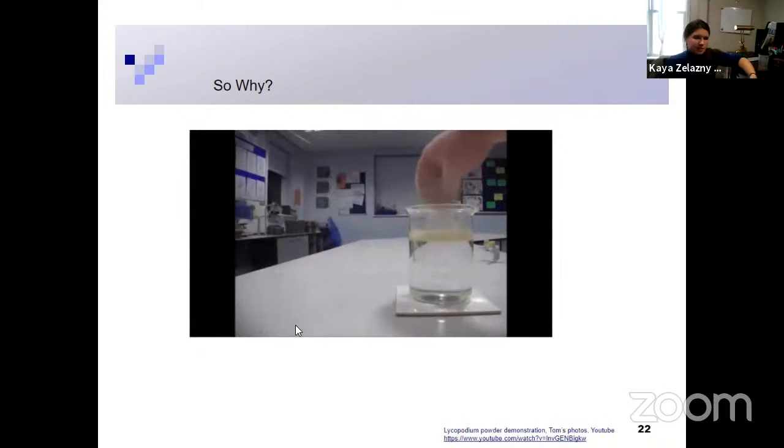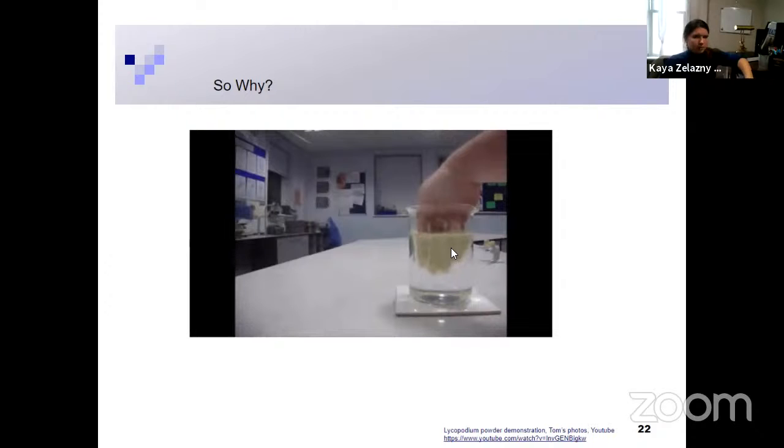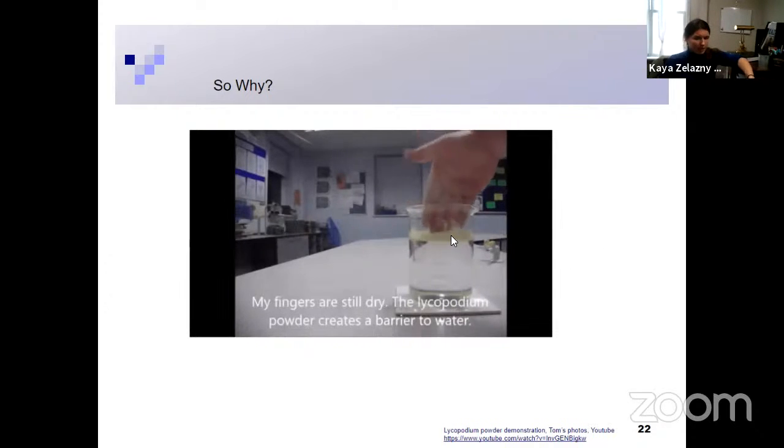This is specifically lycopodium powder. I think it comes from like the spores of mushrooms or something. But what's going on with that powder is that that powder is made up of non-polar molecules. So they're non-polar. The atoms don't have any charges on them. So they're not dissolving in the water. They're hydrophobic. They're repelling the water.